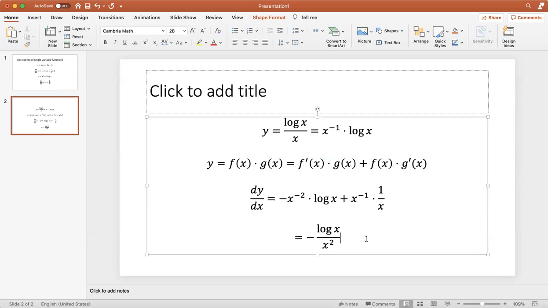Hence the x squared term here. Plus, let's convert x raised to -1 to its fractional form, 1 over x, times 1 over x, and that becomes 1. So the result is 1 minus log of x over x squared, okay?